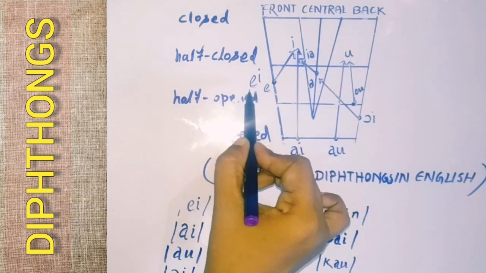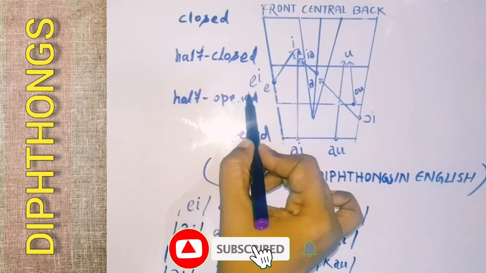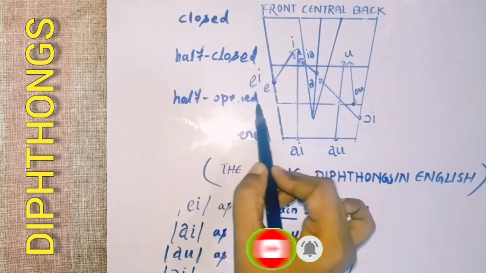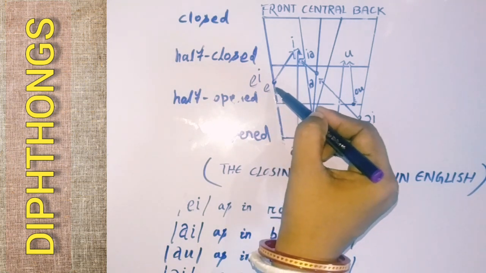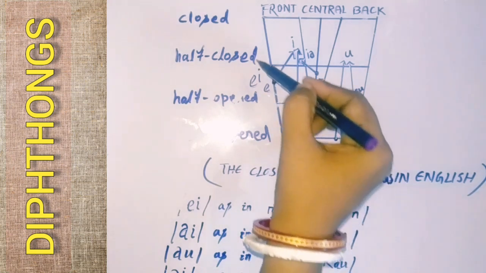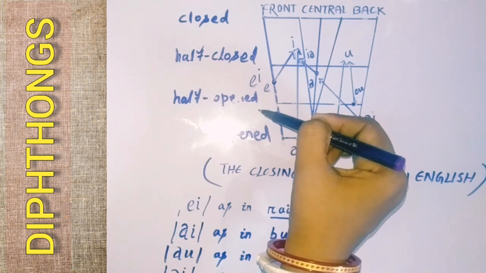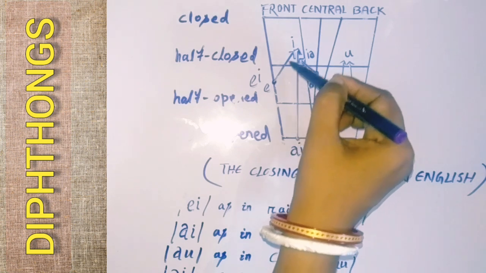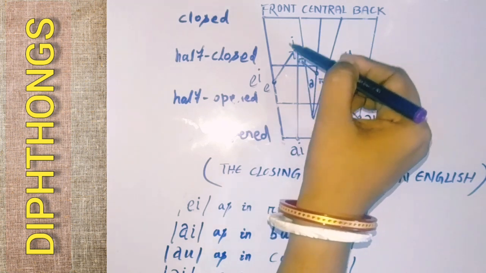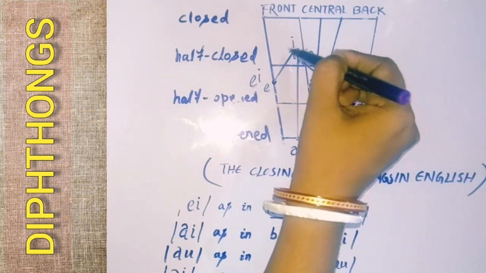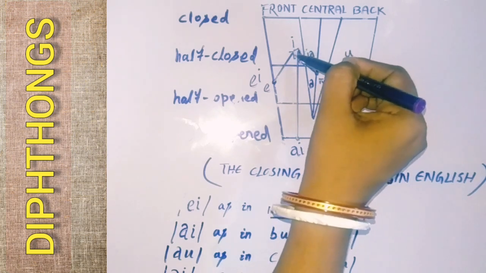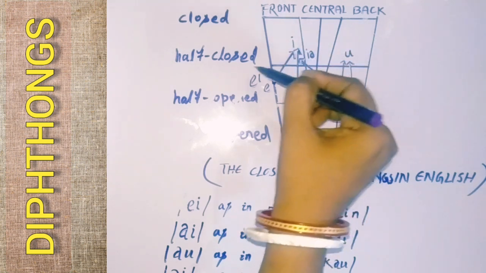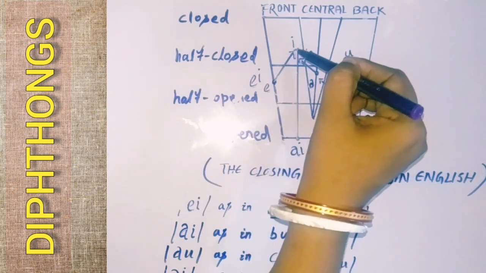During the production of the diphthong /eɪ/, the tongue glides from a front unrounded vowel between half closed and half open position to the /ɪ/ sound, which is a front short unrounded vowel just above the half closed position.